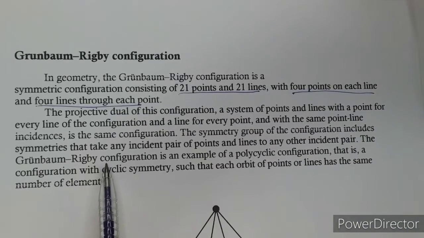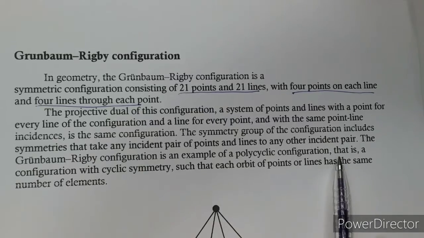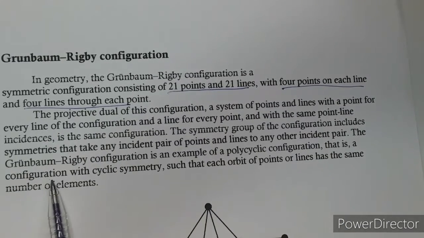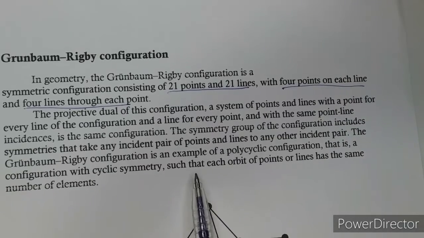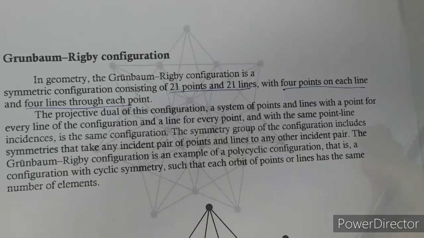The Grünbaum-Rigby configuration is an example of a polycyclic configuration, that is, a configuration with cyclic symmetry such that each orbit of points or lines has the same number of elements.